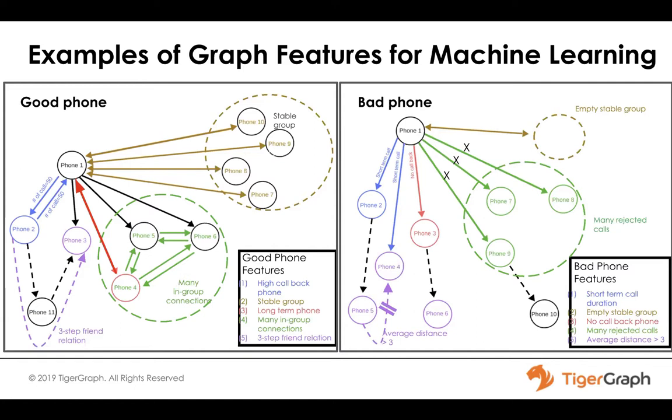A customer with a good phone will usually call a stable group of other phones, like here in the brown circle. There are phones 7, 8, 9, and 10. We call this a stable group. This means phone 1, which is the customer, will reach out to phones 7, 8, 9, and 10, and these phones will also call back.